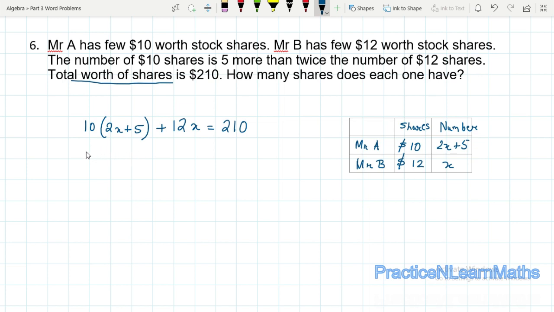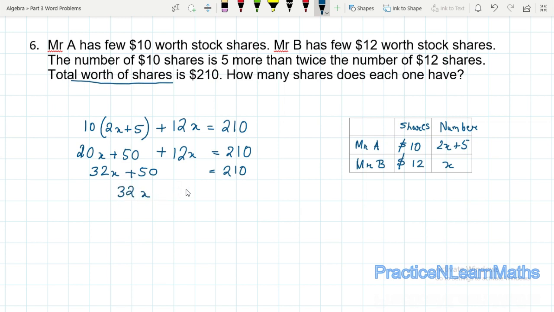So if we now expand the brackets, 20x plus 50 plus 12x is equal to 210. So 32x plus 50 is equal to 210.